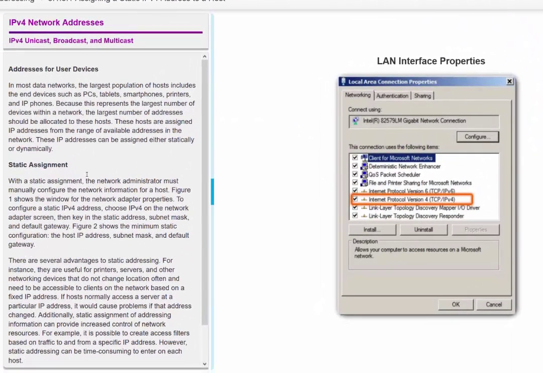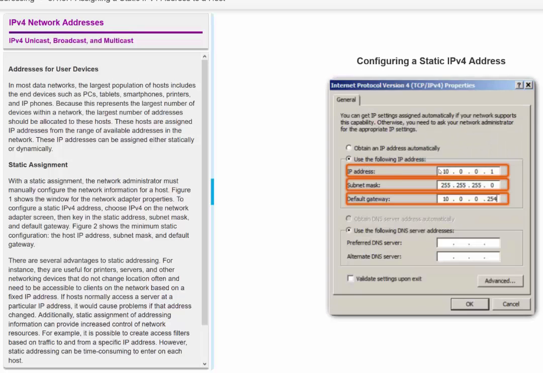Now we need to know how to configure the IP addresses in the TCP/IP settings of your computer. IP version 4 addresses can be set in a static way or a dynamic way. If we look at the Windows configuration and get to the TCP/IP settings here, we can configure the IP address, the subnet mask, and the gateway.